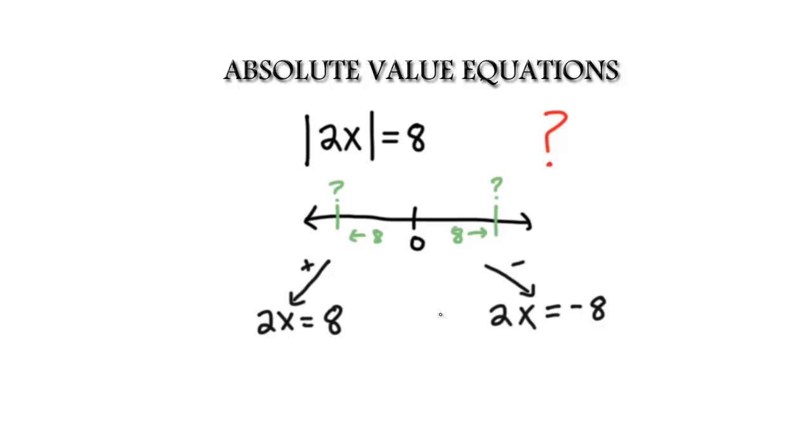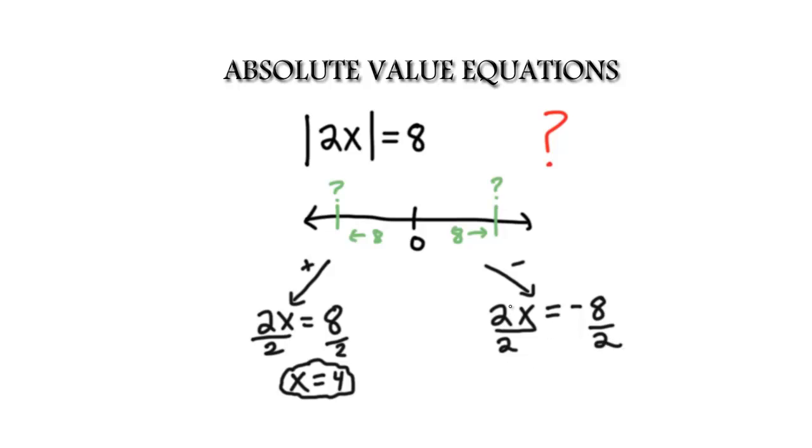This is just a one-step equation here, so we can easily solve this. Let's divide both sides by 2, and we've got our answer for this side, which is 4. So let's circle that. That's one of our answers here. And the other one, again, it's just a one-step equation. Divide both sides by 2.